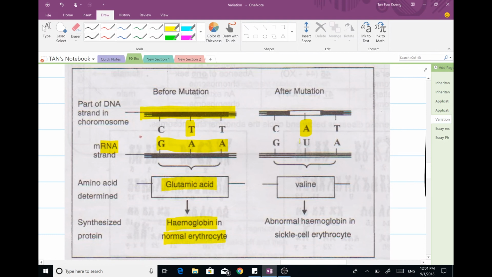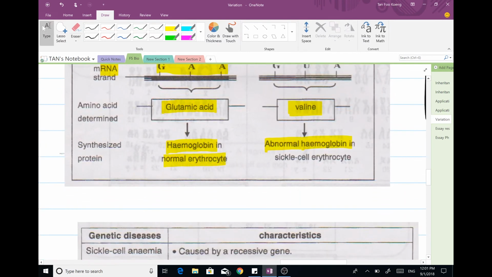When the RNA transfers this information to the ribosome, it will join the amino acid valine into the protein, making the hemoglobin abnormal. If the hemoglobin is abnormal, the shape of the erythrocyte will look like a sickle, bulan sabit, a sickle.